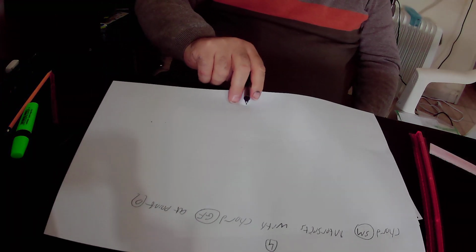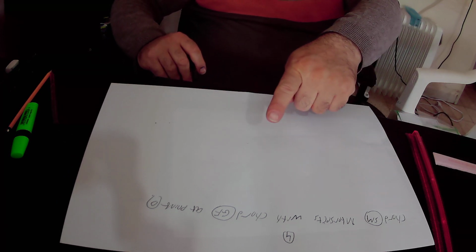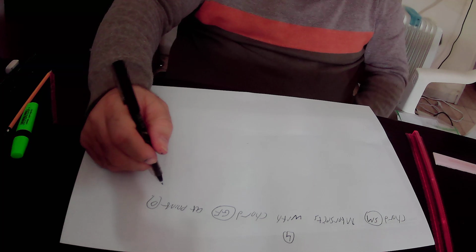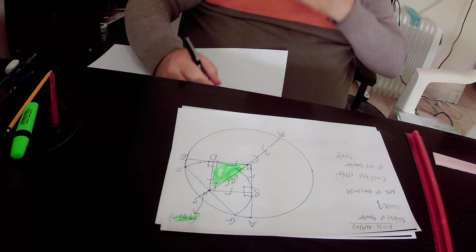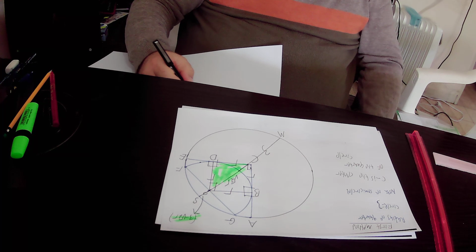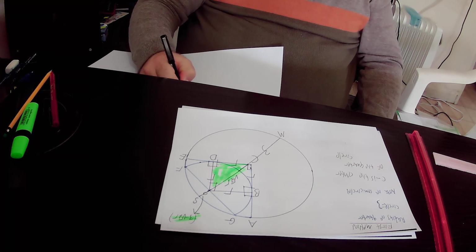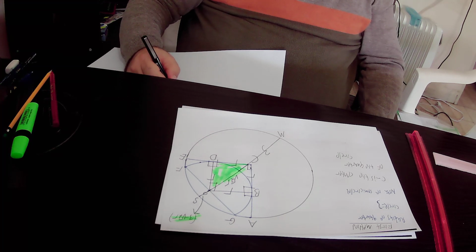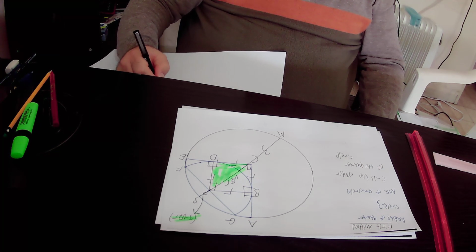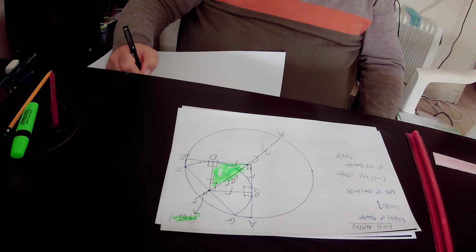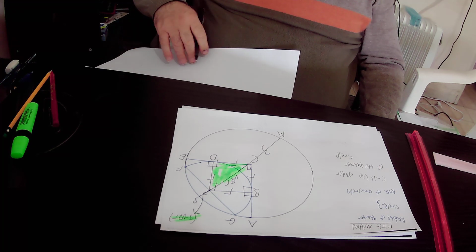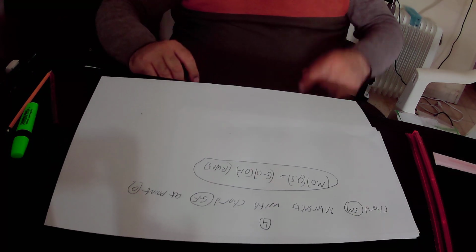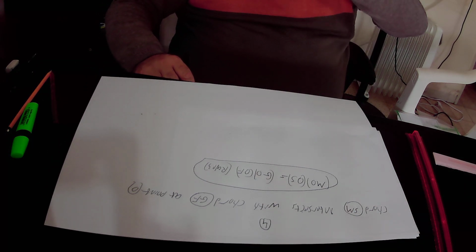In our original drawing, chord SM intersects with chord GF at point O. Then according to rule number 3, we get that MO times OS equals GO times OF.